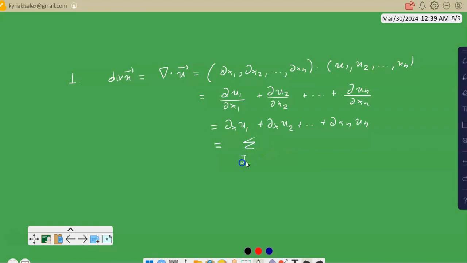And this is the sum from j equals 1 to n of the partial derivative of uj with respect to xj. The divergence of u equals the sum from j equals 1 to n of the partial derivative of each component with respect to xj.